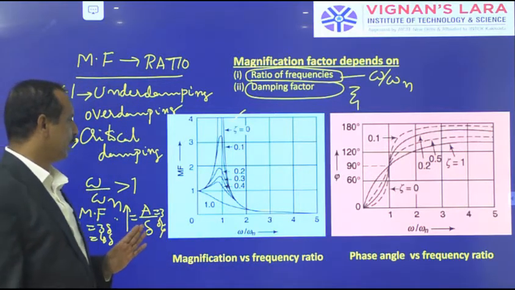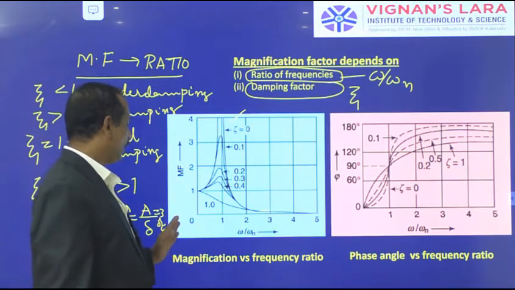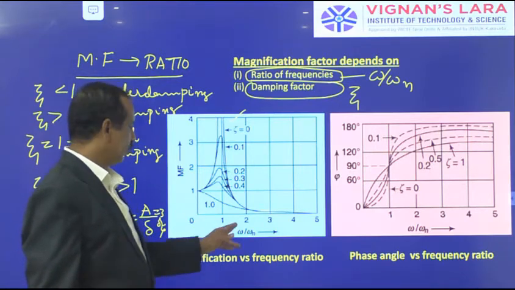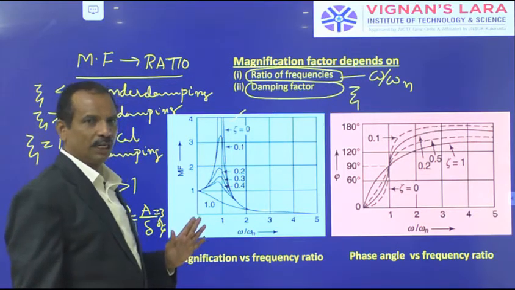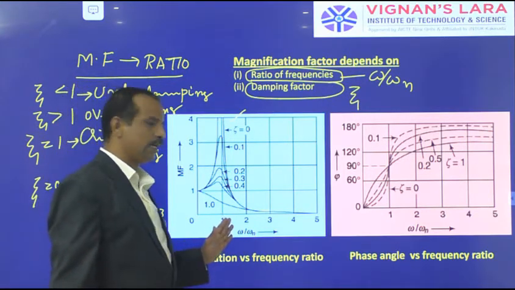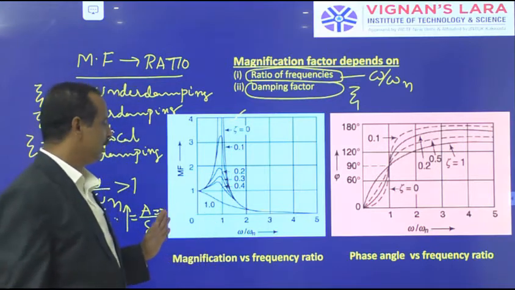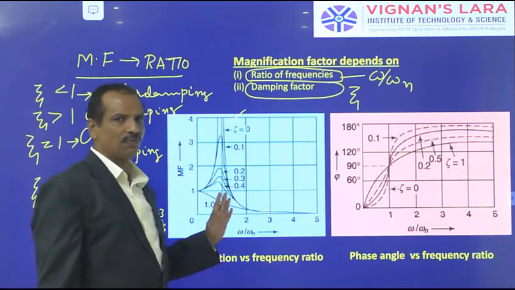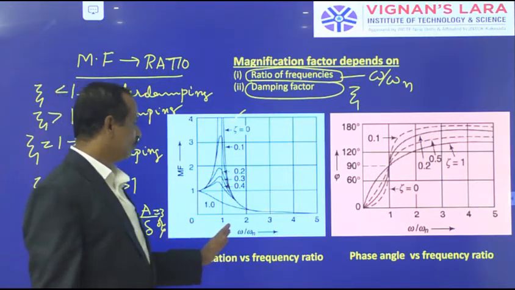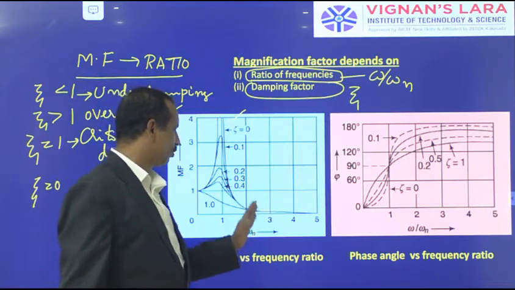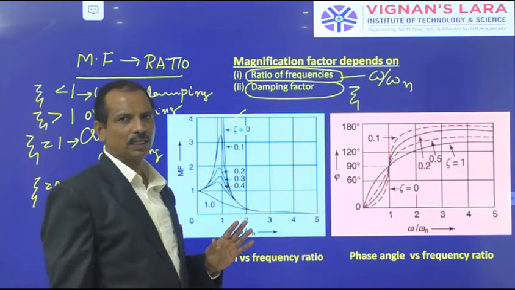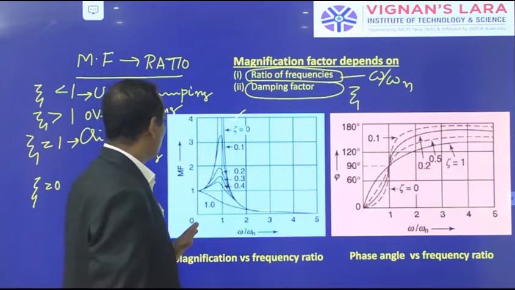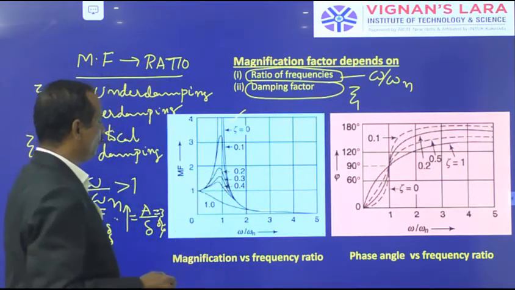So at higher speeds, when omega is greater than omega n, that means the applied or external frequency is more and more than the natural frequency of the system, then omega by omega n is a larger value. In that case, you can see the magnification factor is decreasing, like 0.1, 0.2, 0.3, 0.4.